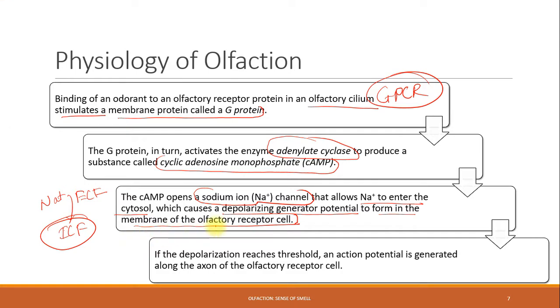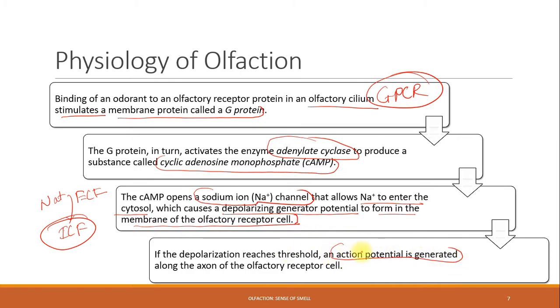If a sufficient number of sodium ions move inside the cytosol of the olfactory receptor cell, then this depolarizing generator potential reaches the threshold. And when it reaches the threshold, an action potential is generated.